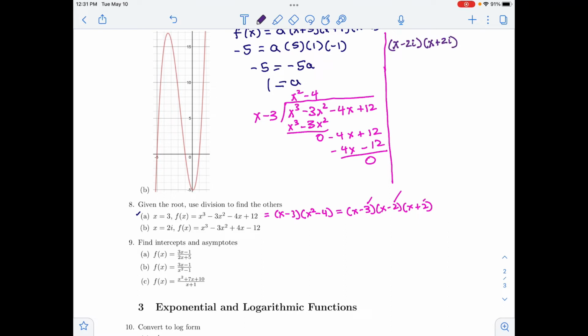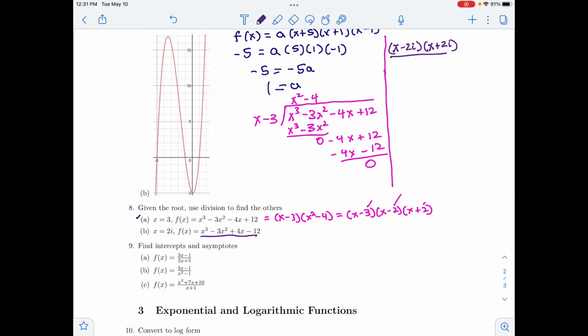That's part of the polynomial. In other words, this right here is going to be a factor of this. So let me multiply that out. And I get x squared plus 4, because remember that i squared is negative 1. So you keep that in mind. And if you FOIL this out, you'll get x squared plus 4.